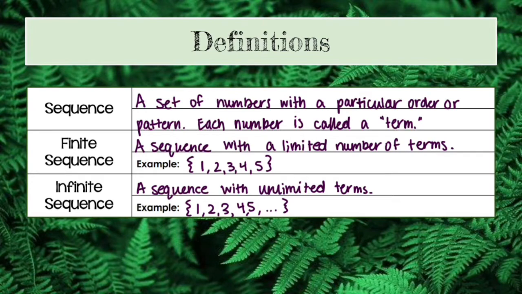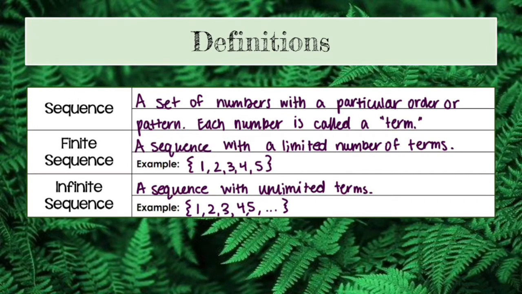A finite sequence is a sequence with a limited number of terms. For example, 1, 2, 3, 4, 5. That is a list of numbers in a pattern that has a limit. So it's just 5 terms, and they're all right there.